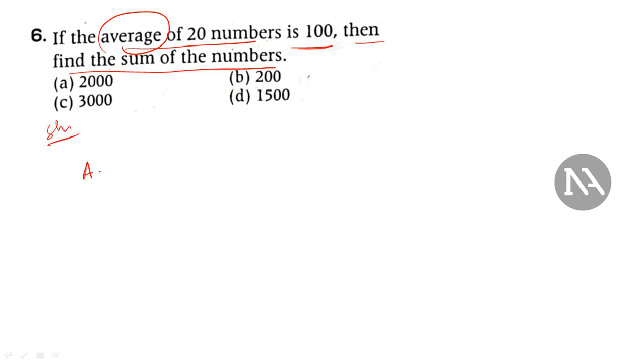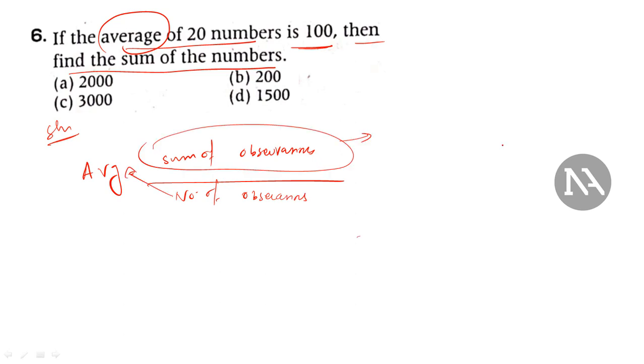So we know the formula. Average is equal to sum of observations divided by number of observations. So in the question they are asking the sum of the numbers, that is sum of observations. I will take that is equal to x.